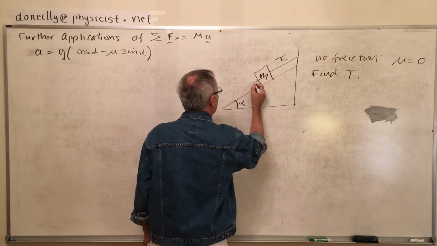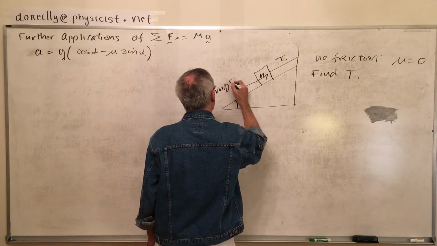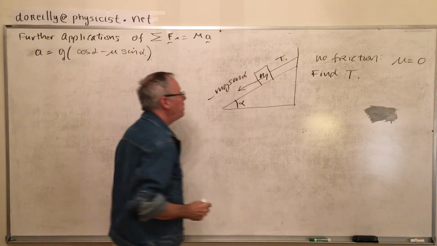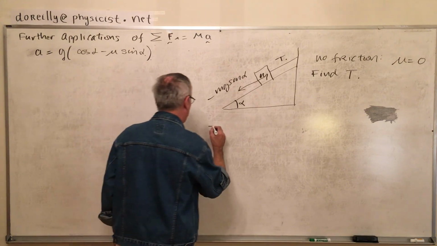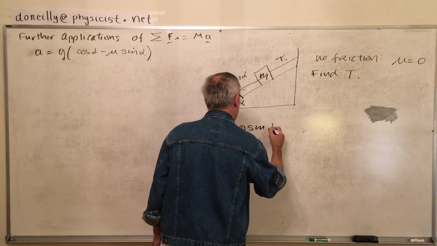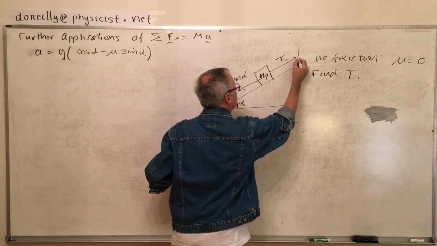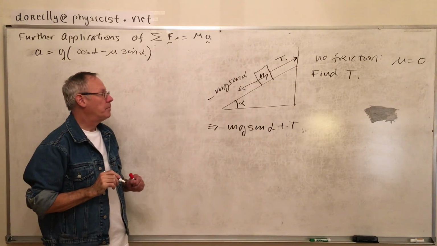So remember what we had here. We had minus mg sine alpha as being the force in that direction. Now the positive force, the tension force, operates to hold the block up.